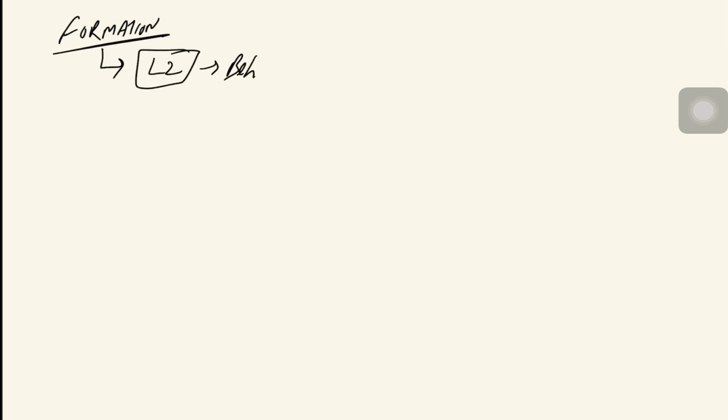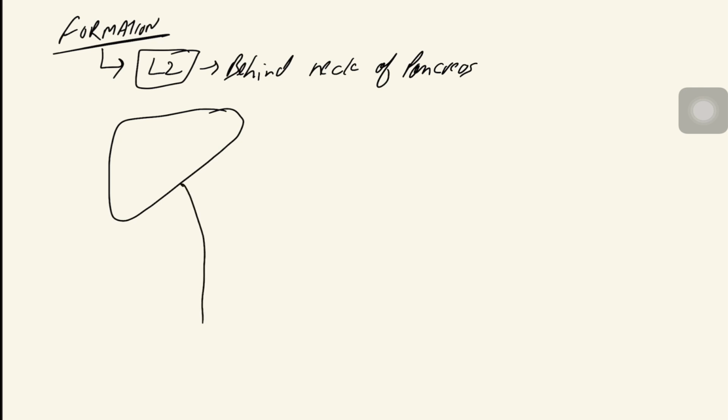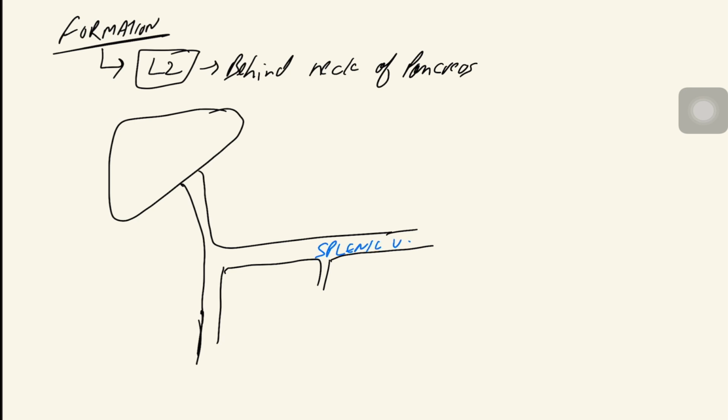Now, the formation. Formed at the level of L2 behind neck of pancreas by the union of splenic vein and superior mesenteric vein.